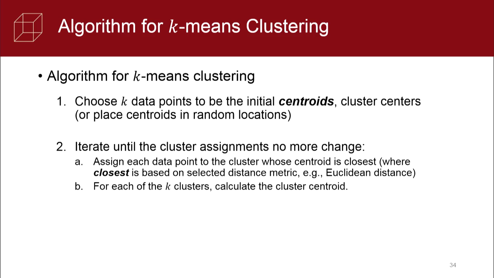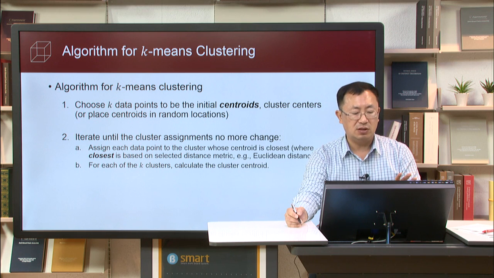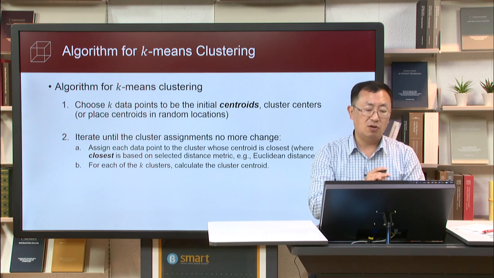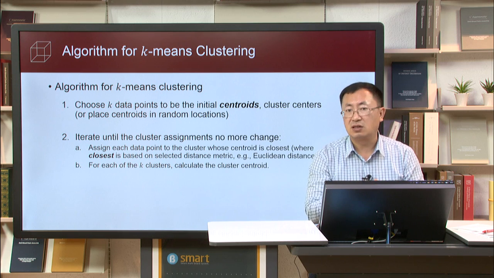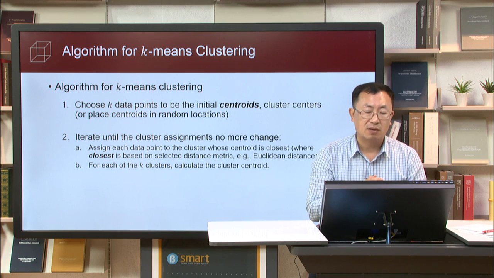In this slide, I'd like to briefly show how the k-means clustering algorithm works. In the initialization stage, we choose k data points to be the initial centroids, or centers of each cluster. Or you can place the k centroids in random locations. Either way is fine.